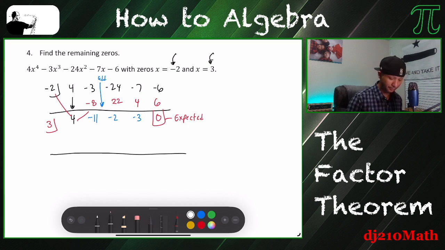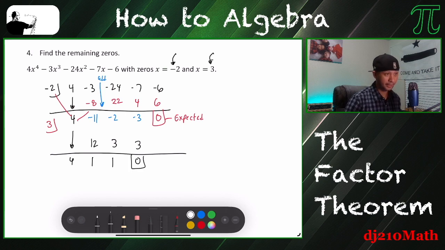Bring the 4 down. 3 times 4 is 12, plus -11 is 1, times 3 is 3, plus -2 is 1, times 3 is 3, plus -3 is 0. Again, expected. It's just confirming what we already know. We really haven't gotten to the crux of this problem.